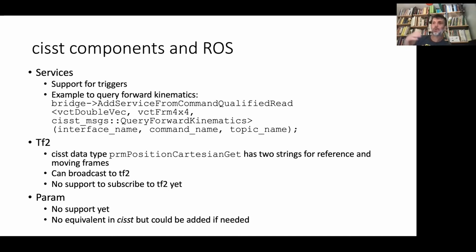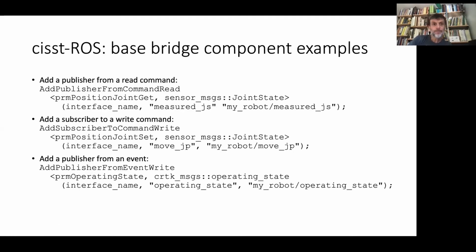You're going to query link 1, link 2, link 3, link 4, etc. We also support broadcast to TF2, but not the other way around. And the last bullet is we do not support ROS param at all. We did not have an equivalent in cisst, but every time I see it, I feel like it's very useful. So that could also be in the list of to-do or student projects. That could be a really good project to tackle. It would be really, really useful.